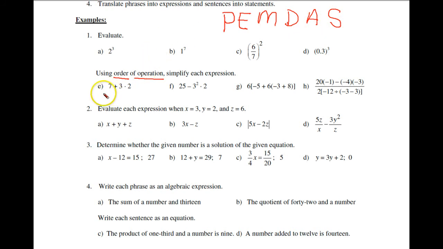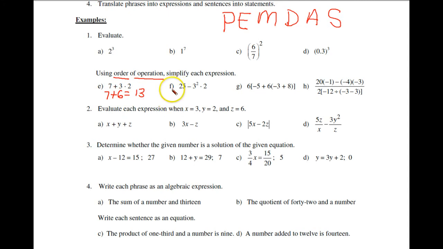So let's take a look at these and see if we can figure out the order of operations. Here's a real easy one. This is addition. This is multiplication. So what do we do first? We do the multiplication. So this then becomes 7 plus 6, and now we do the addition, 13.